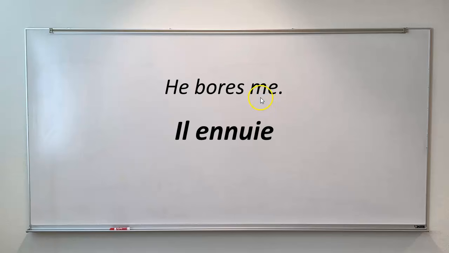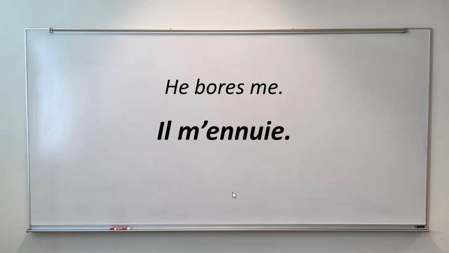So in French, me is me, just like the way we spell it in English, but because a vowel follows, we have to remove the E and use an apostrophe. So to complete this sentence, if I want to say he bores me, I literally have to say he, me, bores, which would be il m'ennuie.